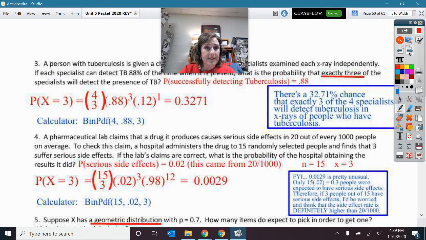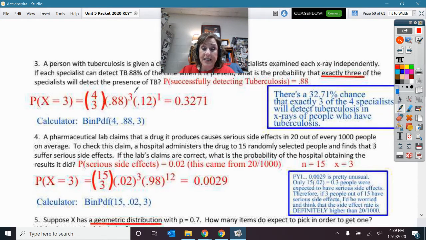All right, next. So this is having these people, we want exactly 3 out of the 4. So 4 and 3 successes who detect the tuberculosis in the x-rays. So 88% chance of detecting that tuberculosis for those who have it.